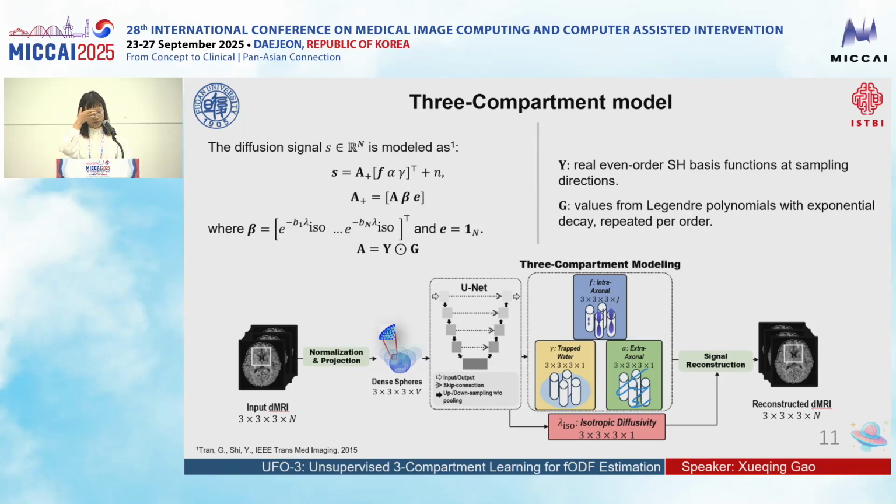And alpha reflects isotropic diffusion outside axons. Gamma models the trapped water. Each component is expressed in spherical harmonics. For alpha and gamma, they use physical priors derived from the diffusion theory of water molecules I mentioned earlier.